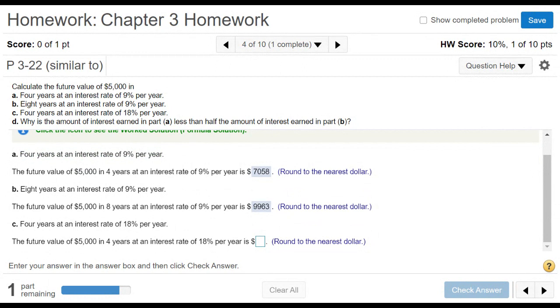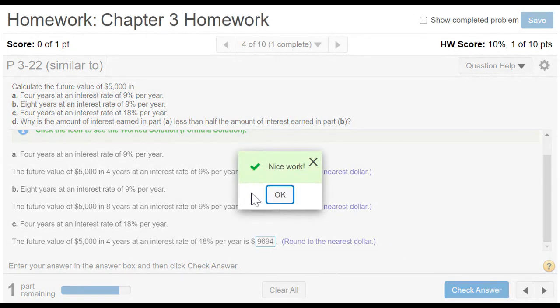And then compute for future value. $9,693.94. How much? $9,694. Good.